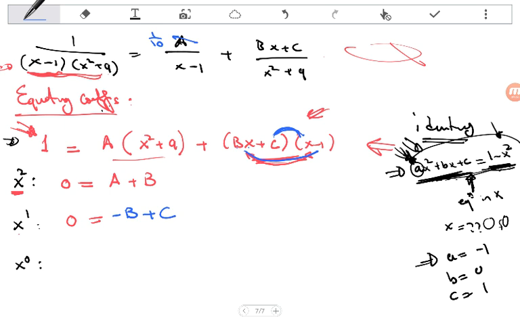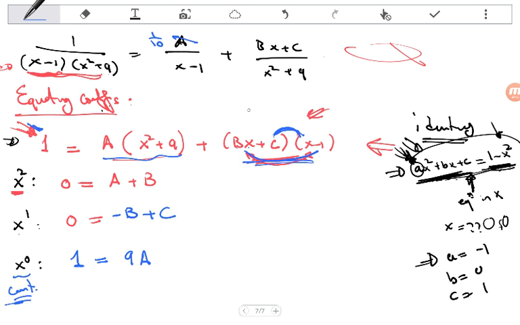What is the third equation? It is equating coefficients of x power 0, which is the constant, both sides. The constant in the left hand side will be 1. The constant in the right hand side, would this give me a constant? Yes, it is 9a.